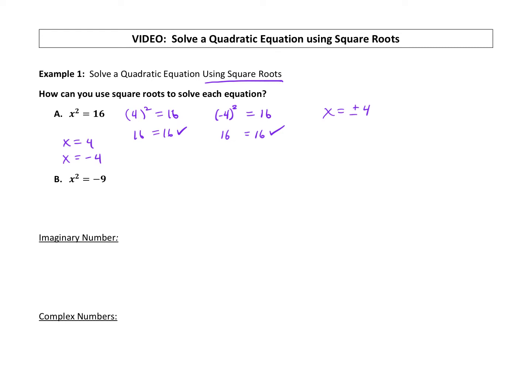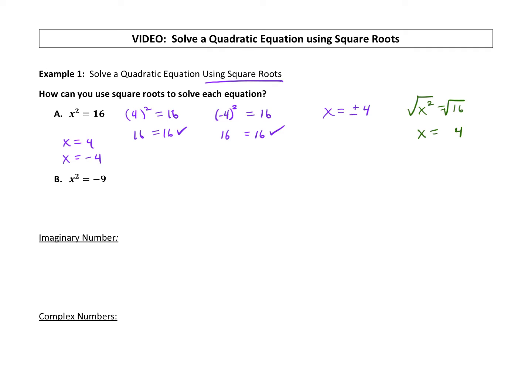Another way to approach that, if you have x squared equals 16, is this: we solve equations often by undoing, or doing the opposite operations. So what's the opposite of squaring? We can undo the squaring by taking the square root of both sides. The square root of x squared is x. The square root of 16 is 4.